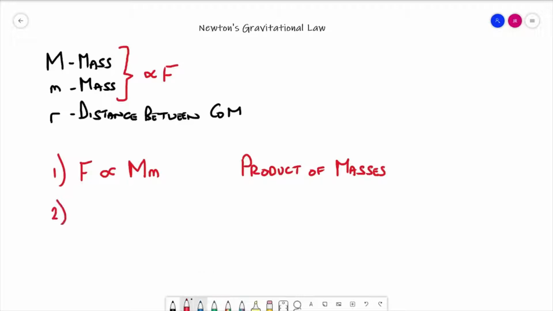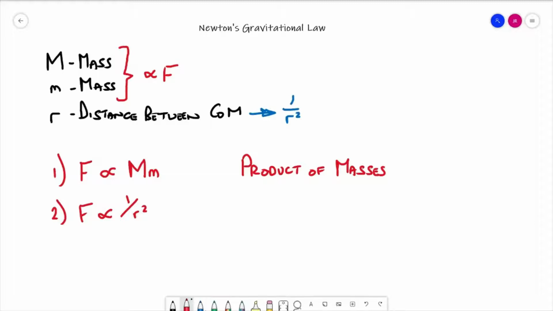Secondly, what about the distance? Well, just like in other forces, especially Coulomb's law, we have an inverse square relationship. So F is proportional to 1 over r squared. Now if you've already watched the electric fields topic, you're probably going to start spotting some similarities with how we approached Coulomb's law. In Coulomb's law, we said that the force was proportional to the product of the charges and inversely proportional to the separation of the charges.